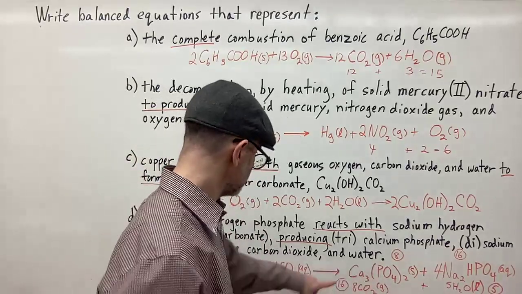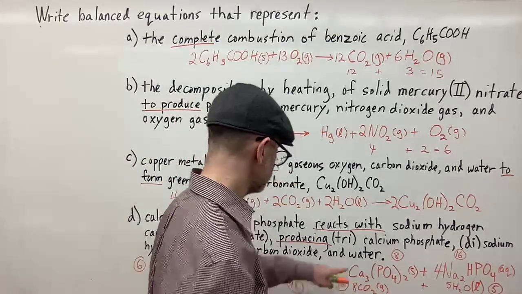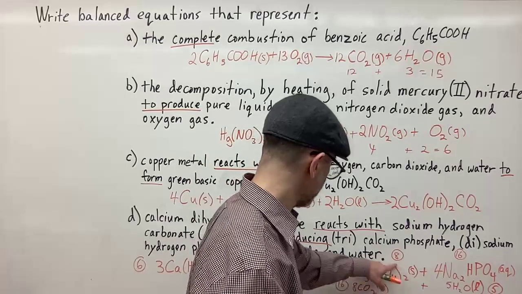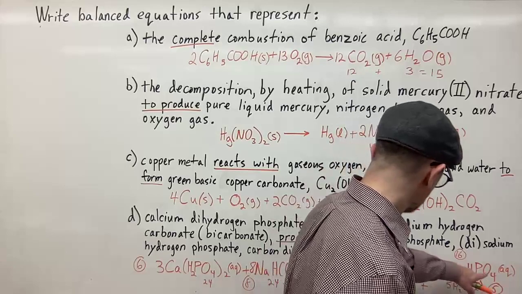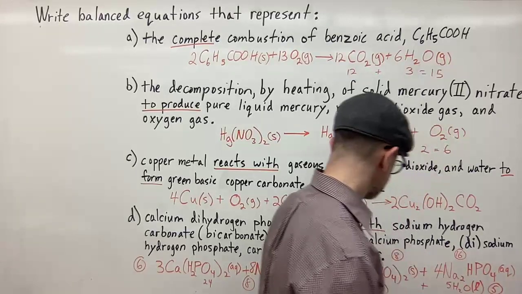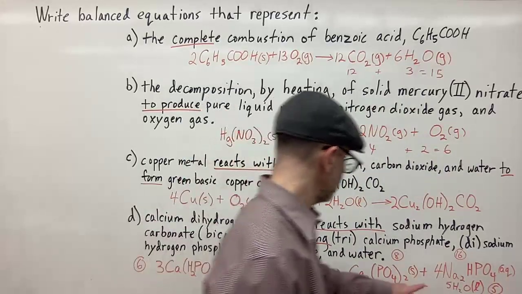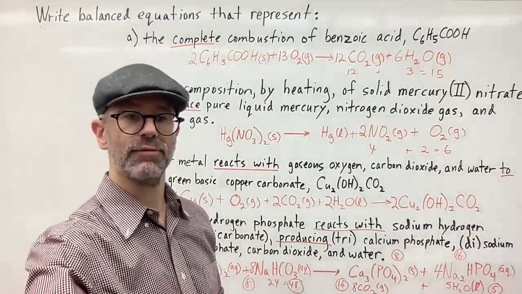So let's see here, my oxygens. So I have 1 times 4 times 2 is 8. 4 times 4 is 16. 8 times 2 is 16. And I have 5 times 1, that's 5. So that's correct. So I have 45.